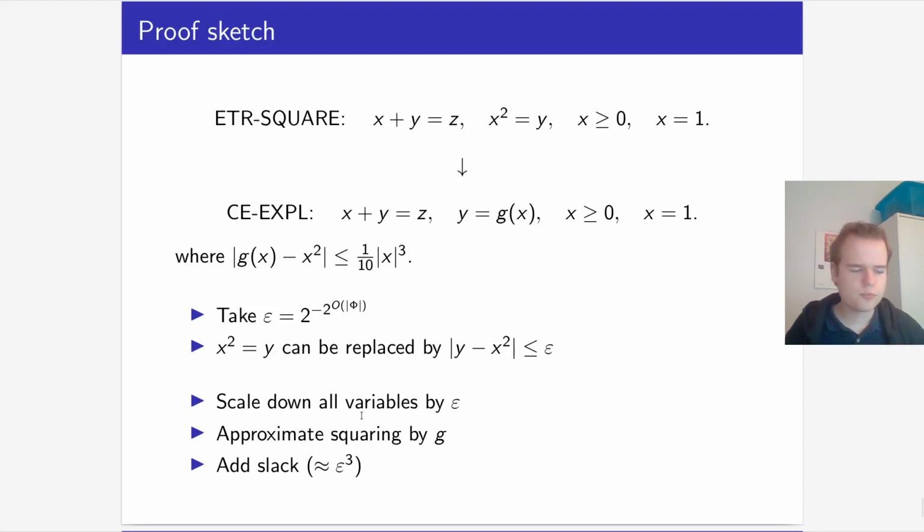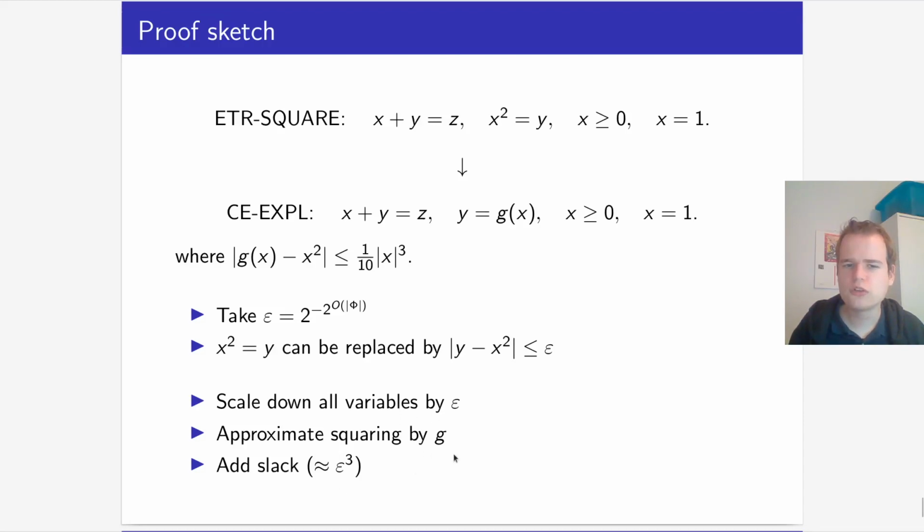So why is this new instance equivalent to the original instance? If you have a solution to the original ETR square formula, then the error that occurs because we replace squaring by applying g is smaller than the slack we add. So any solution to the original problem will still be a solution to this new problem with slack.